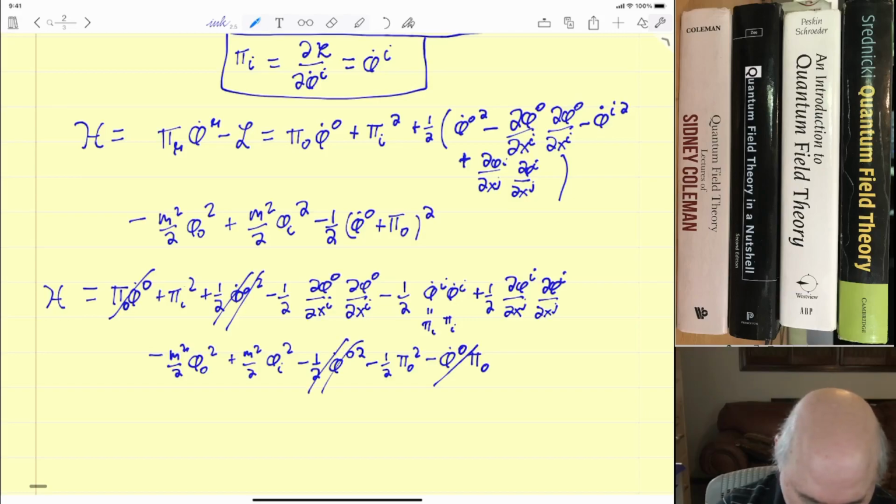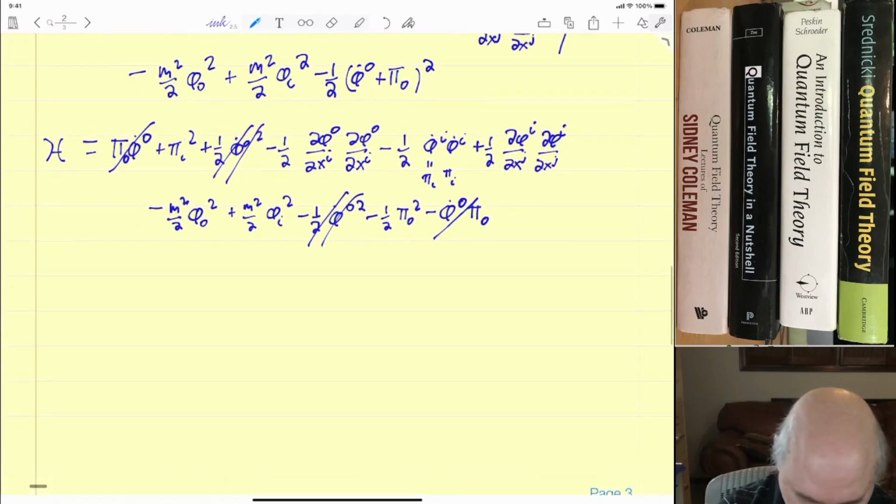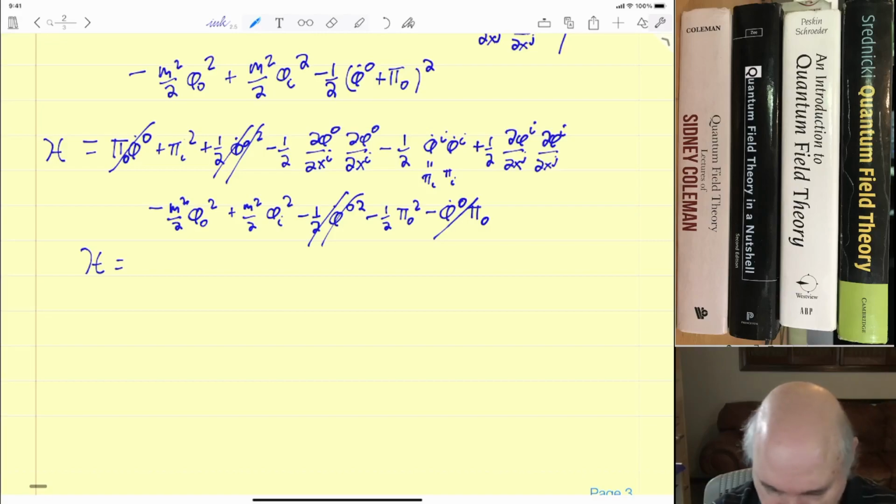Okay, so we got some cancellation, not a huge amount. Okay, so H is equal to, okay, I have pi I squared here, and I have minus, okay, I know there's something wrong here.